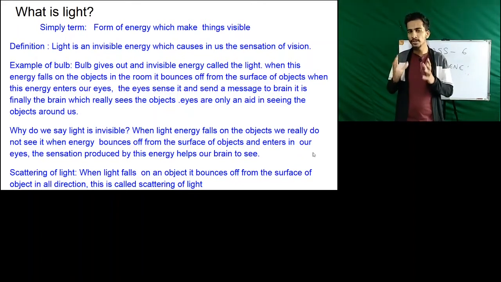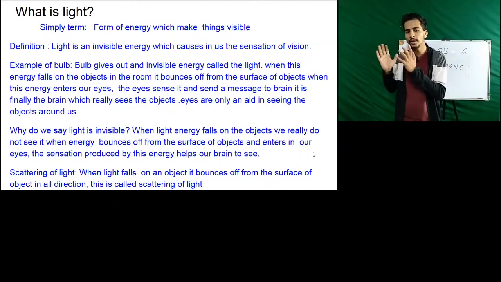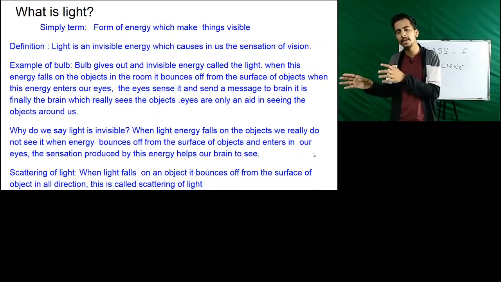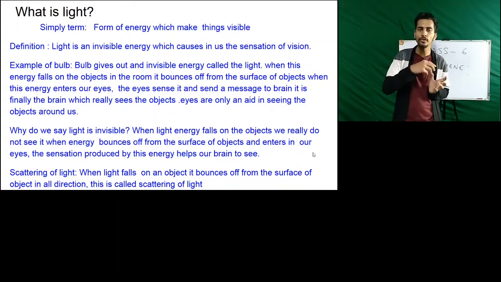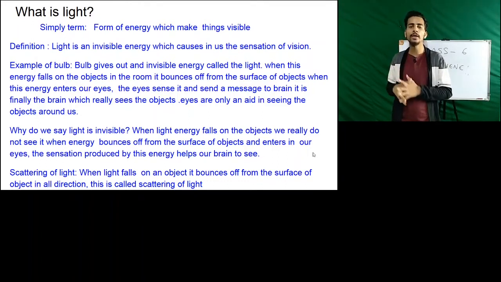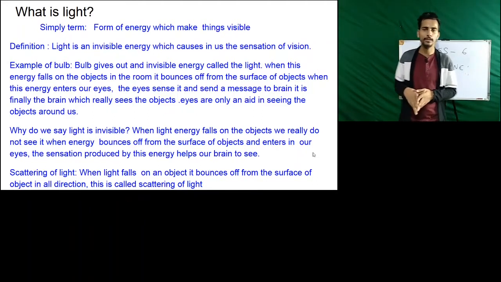Light is an invisible energy which falls on any object, bounces off from its surface into our eyes, and through our eyes the message goes to our brain, and by that we can see things.